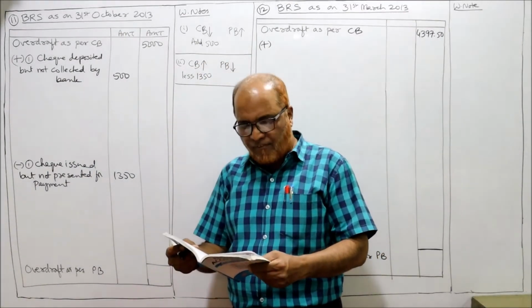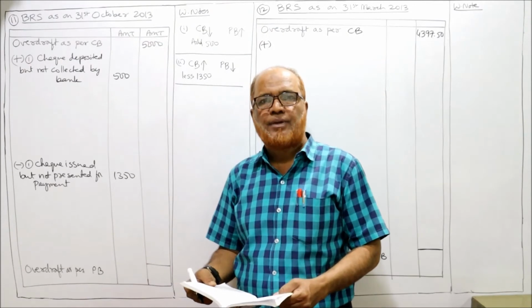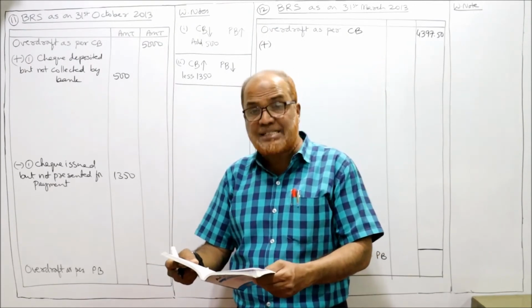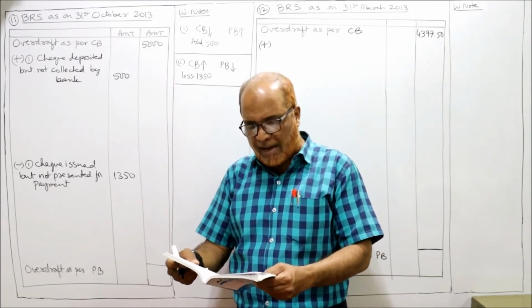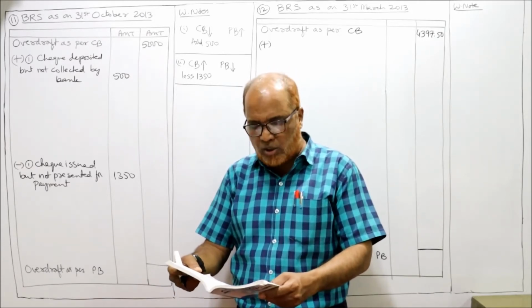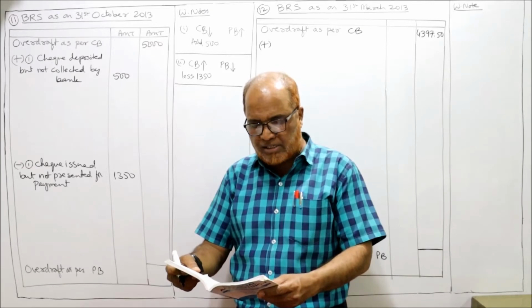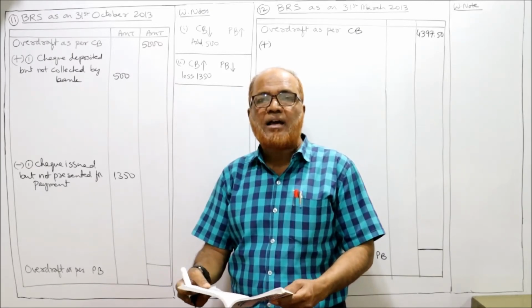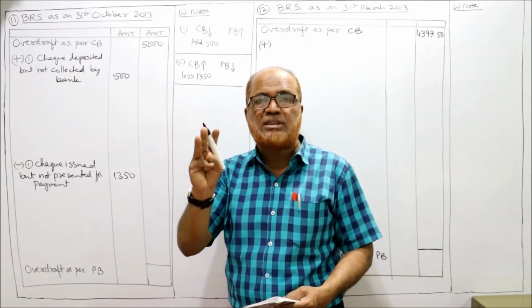Now next one: further the passbook is debited with 10 rupees for bank charges, 50 rupees for interest on overdraft and 250 rupees for insurance premium as per merchant's instructions. The banker has debited the passbook with these three amounts.